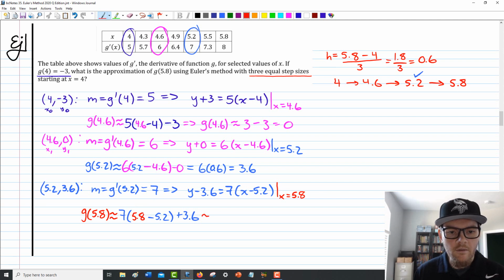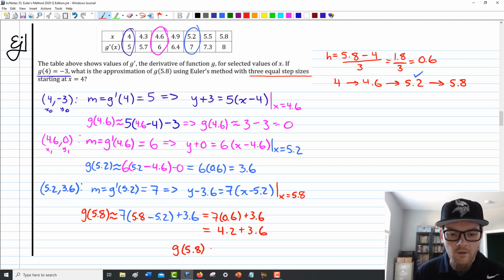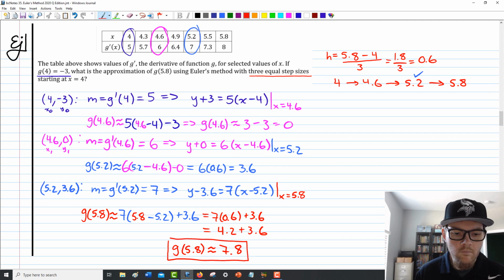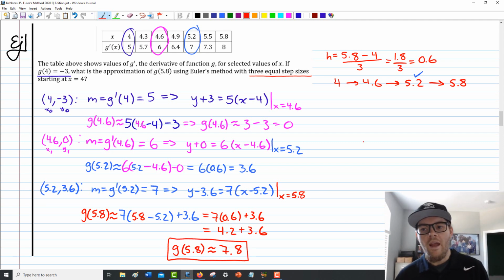So with that in mind, we're going to be able to take that and set it equal to 7 times 0.6 plus 3.6. That's going to be equal to 4.2 plus 3.6, which is going to lead us to our final approximation. In other words, g of 5.8 is equal to 7.8. Boom. And there it is.